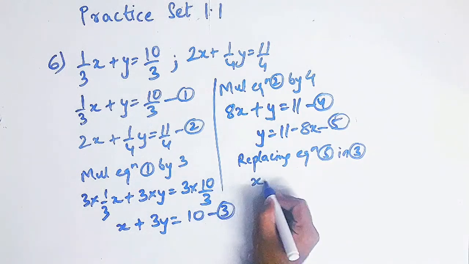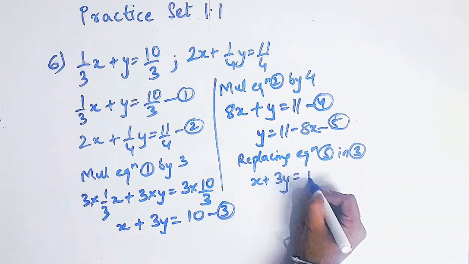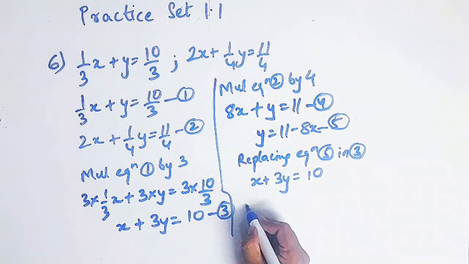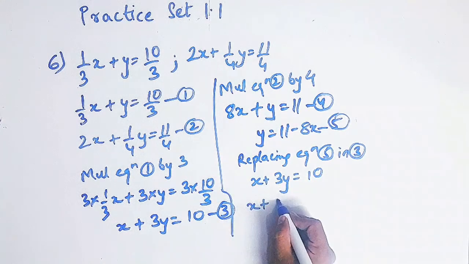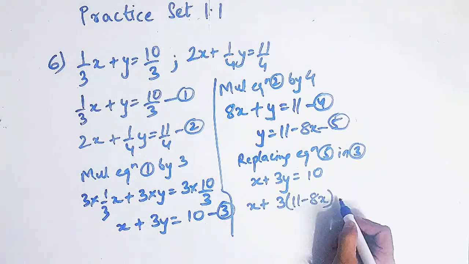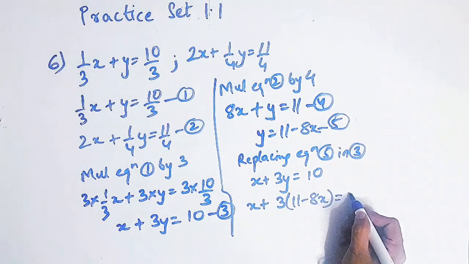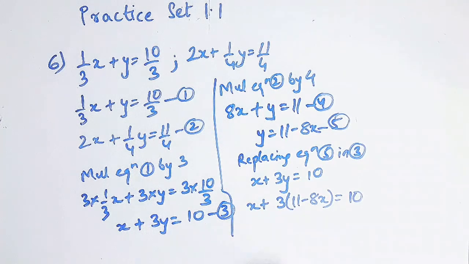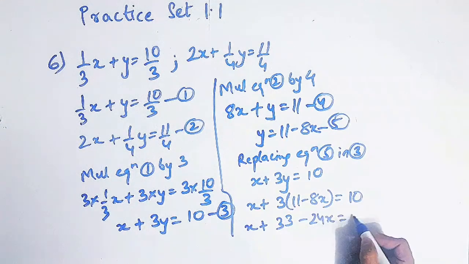I'll write the third equation, x plus 3y equals 10, then y is 11 minus 8x, equals 10. Then this will become x plus 33 minus 3 8s are 24x equals 10.